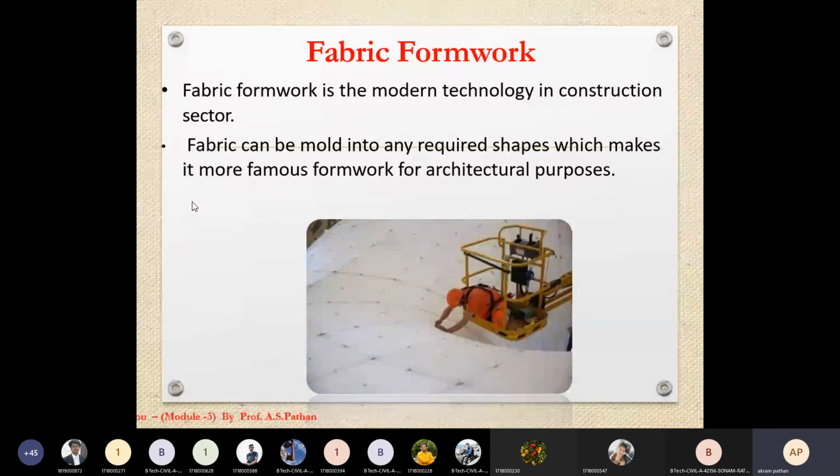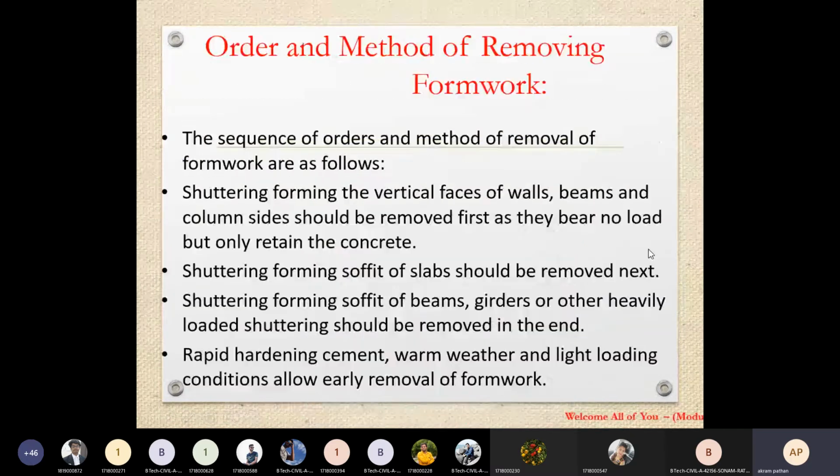If you want to mold a concrete structure in any shape and size, with a very thin arch or any type of curve, we can use such fabric formwork.